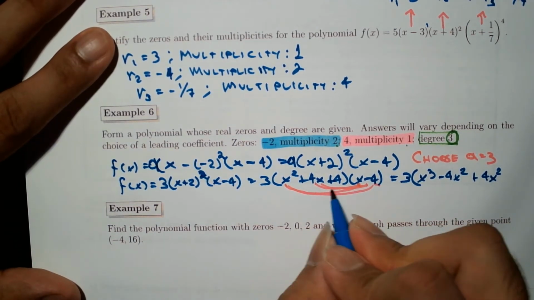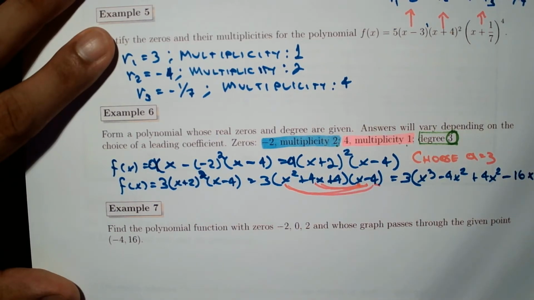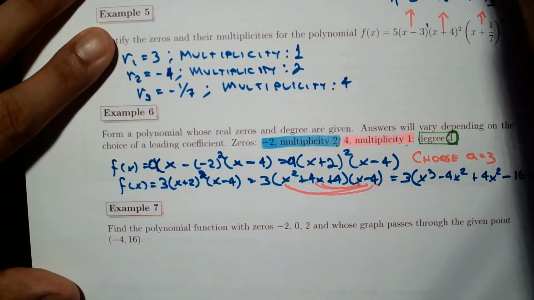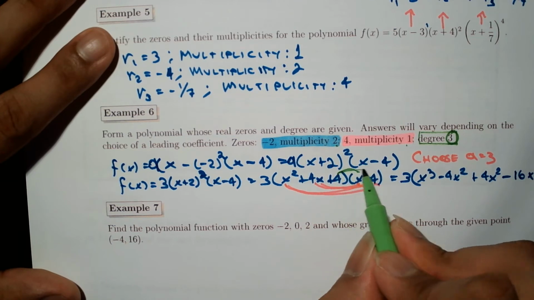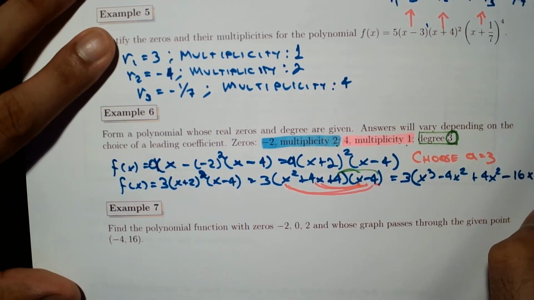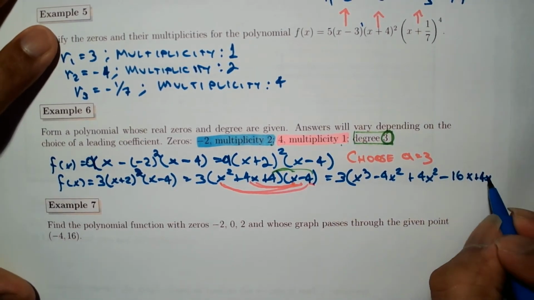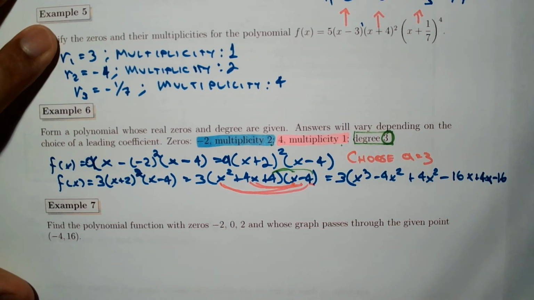And 4x times negative 4 is negative 16x. And last but not least, 4 times x, that's plus 4x, and 4 times negative 4 is minus 16.